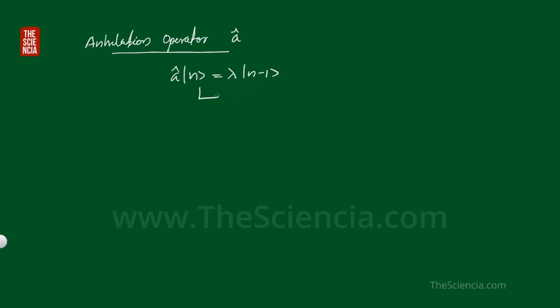Here also I am going to take its complex conjugate, that is bra n a dagger is equal to bra n minus 1 lambda star.